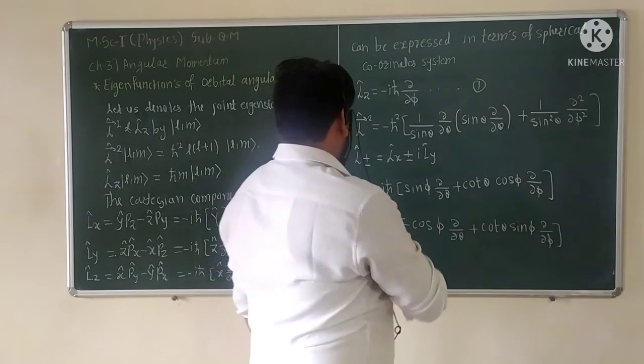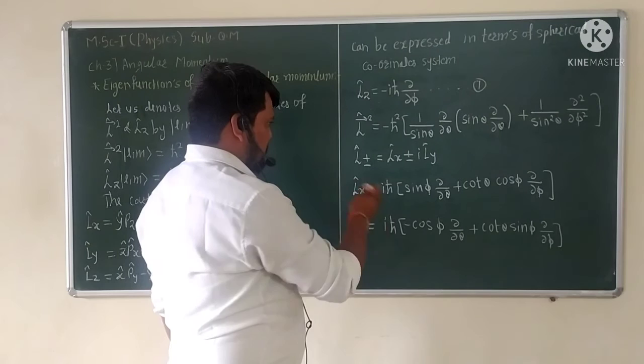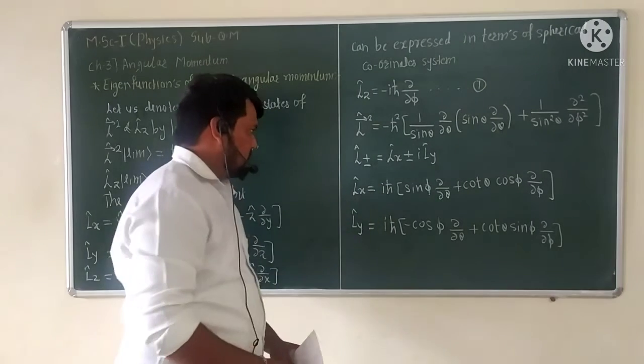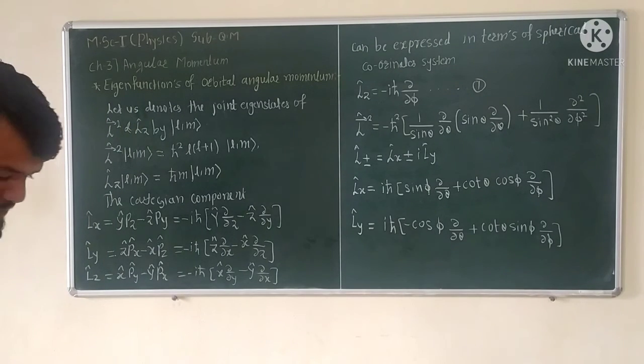So this is the Lx cap and Ly cap, and by addition or subtraction of these we want to calculate the operators L plus or minus in terms of the spherical coordinate system.